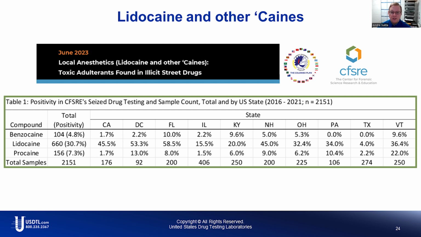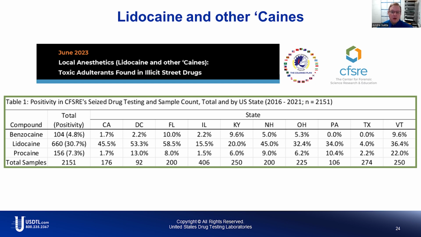Since we're based out of Illinois, I like to pay attention to what's happening in my state, and we're seeing a 15% positivity for lidocaine in our drug supply out of Illinois. Depending on where you're at, such as Florida, you're seeing it at almost 60%. And some of the states are more focused on procaine, such as Vermont, where you're seeing a lot of lidocaine and procaine.